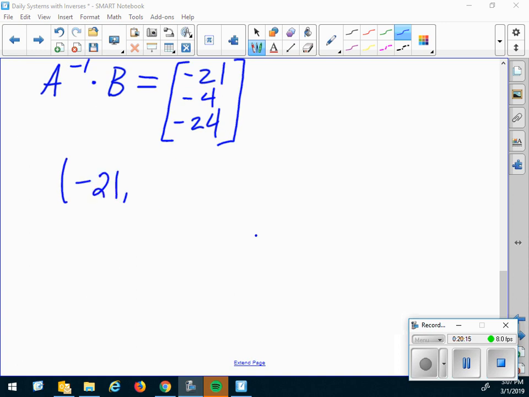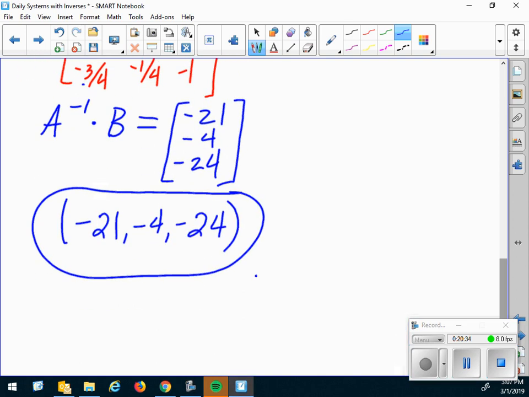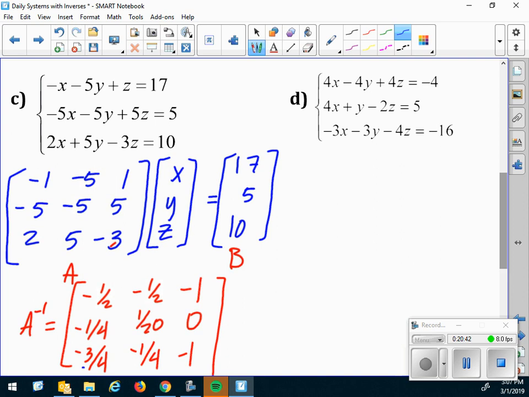Your answer, that's X, that's Y, and that is Z. Well, on hers, she wrote out what A inverse was times B. Okay. We have one more problem to do.